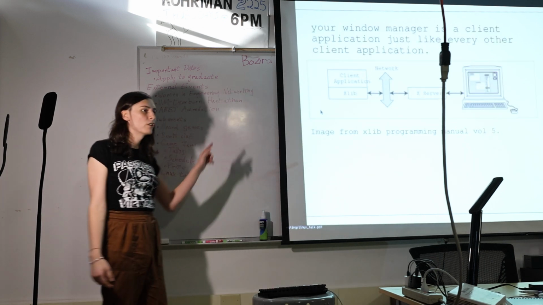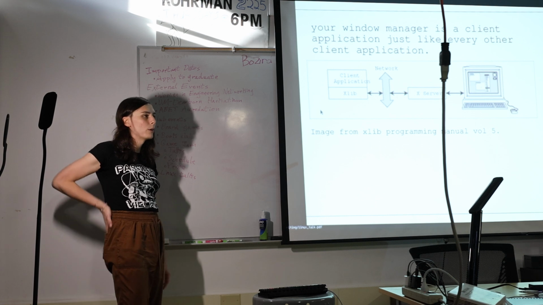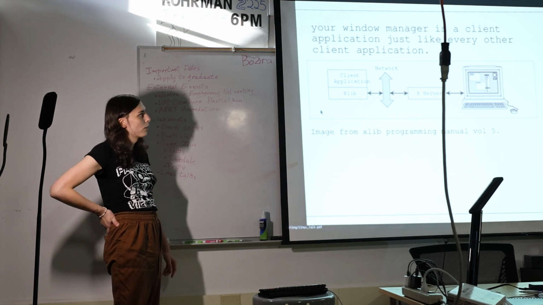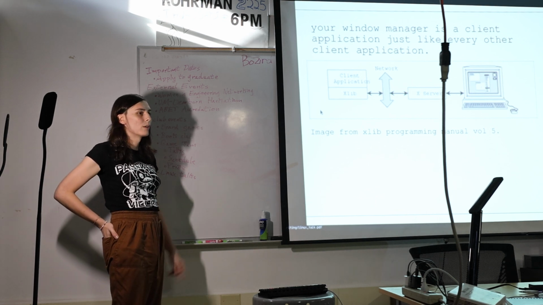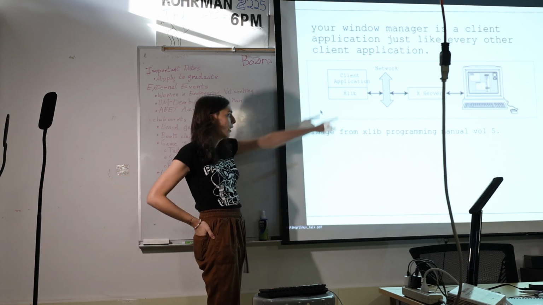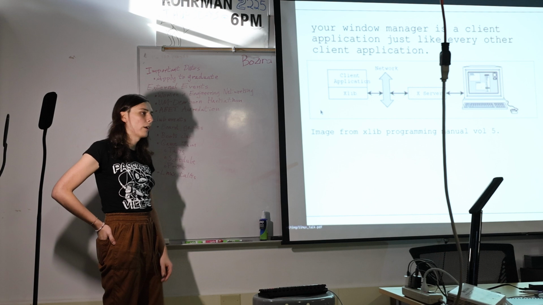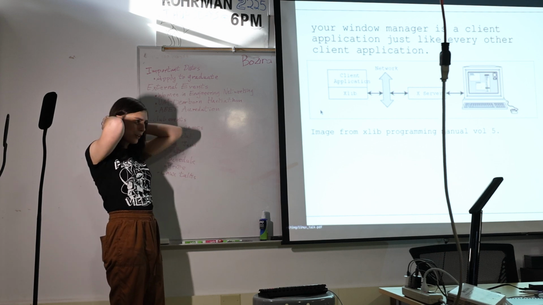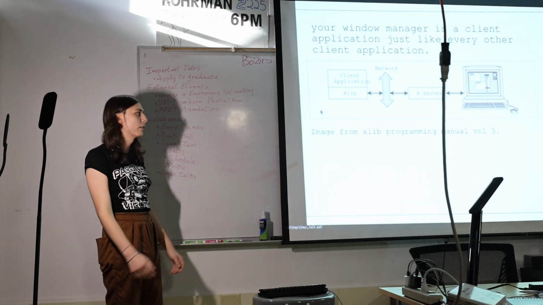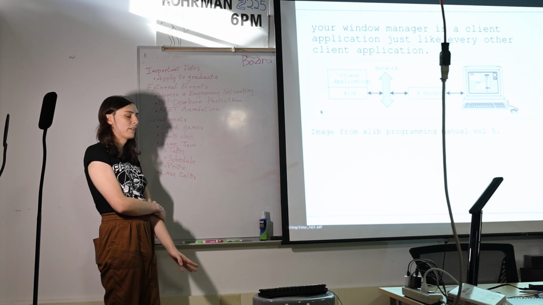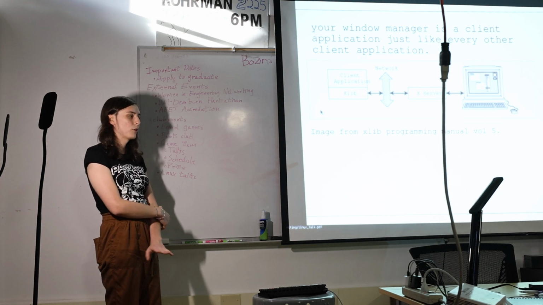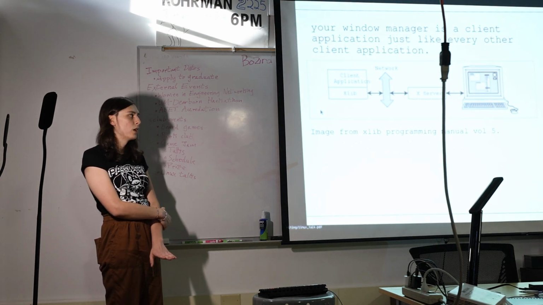Here is a picture that I took from the Xlib Programmer's Manual. It's a pretty nice diagram. And the important part here is the X server communicates to Xlib, which is the library that handles requests and receiving packets. And the X server is the thing that physically draws the graphics on your machine.